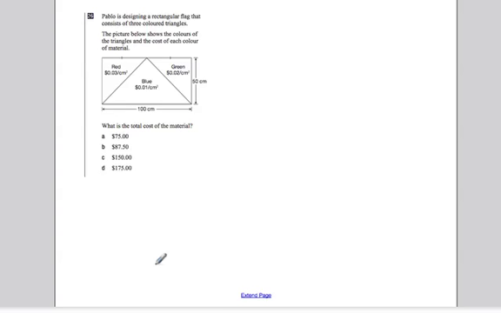Okay, Pablo is designing a rectangular flag that consists of 3 colored triangles. The picture below shows the colors of the triangles and the cost of each color of material. What is the total cost of the material?